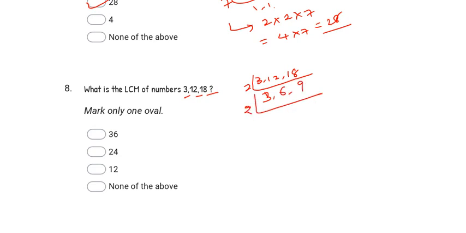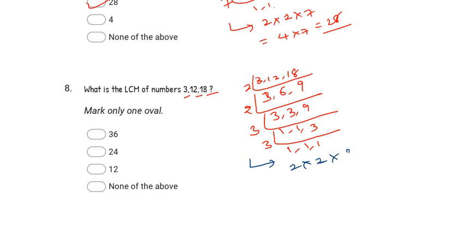Then 3, 6, 9, then 3, then 3 ones, 3 threes, then 3 ones. So just multiply these numbers: 2, 2, 3, 3. 2 twos are 4, 4 threes are 12, 12 threes are 36. 36 is the correct answer.